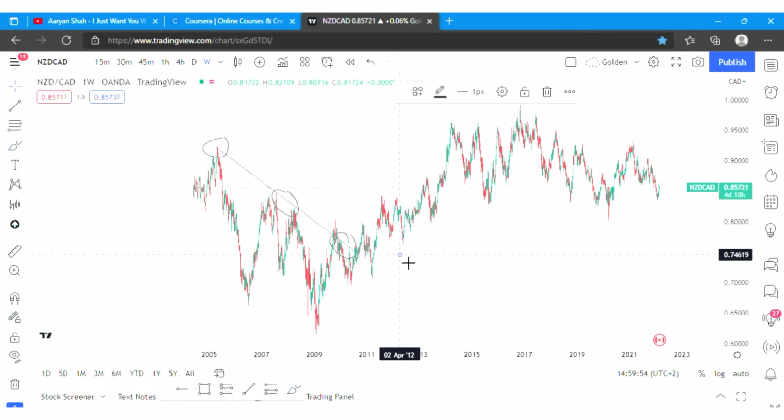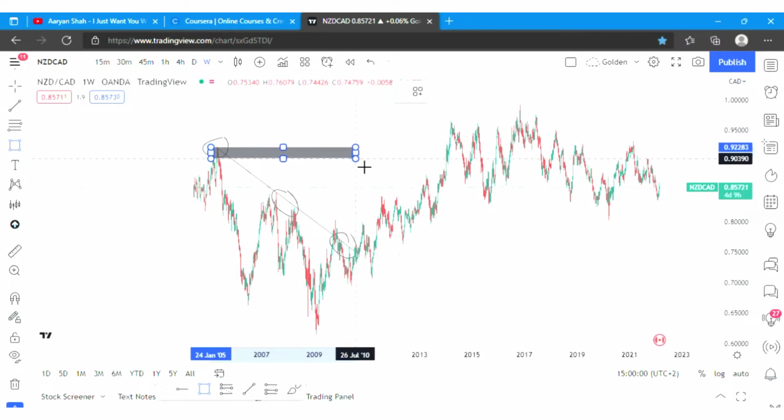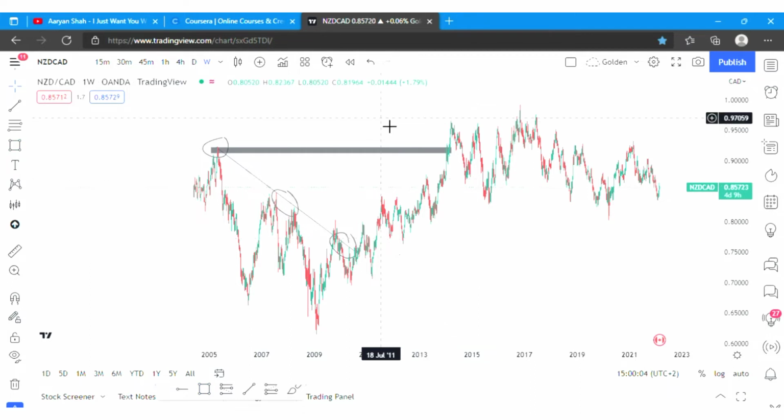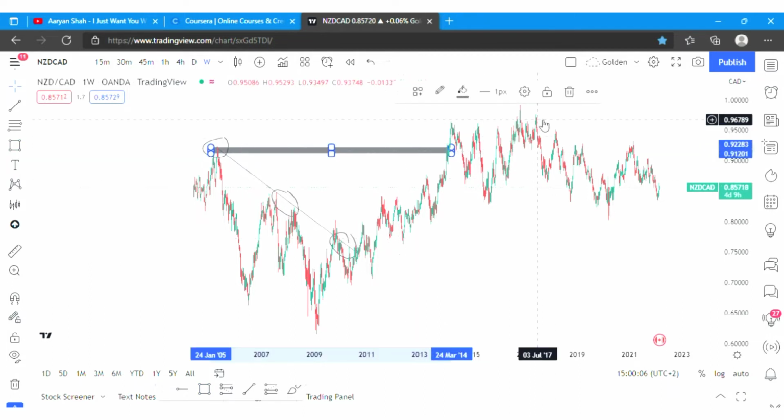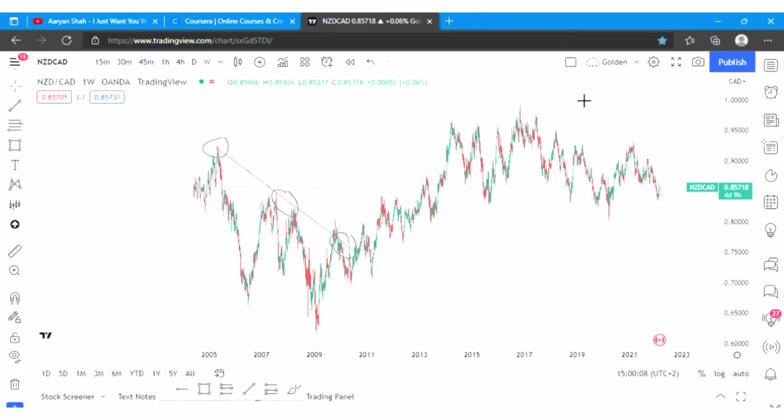Every time the market breaks out of the structure, it has to come back and complete this 90% rule. But let me just remove this so that we don't get confused, because if there are a lot of things on the chart, we'll get a lot of confusion.